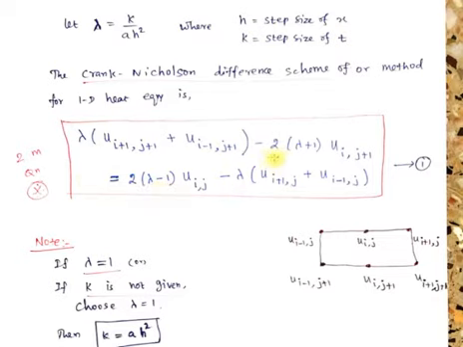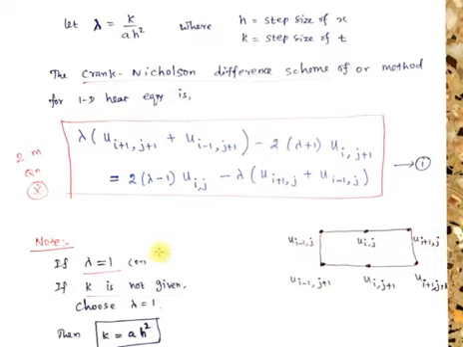This can be written as minus of 2 lambda plus 2 multiplied inside. There is no problem. Then the right hand side is 2 into (lambda minus 1) into u(i, j) minus lambda into the first one and the last one.